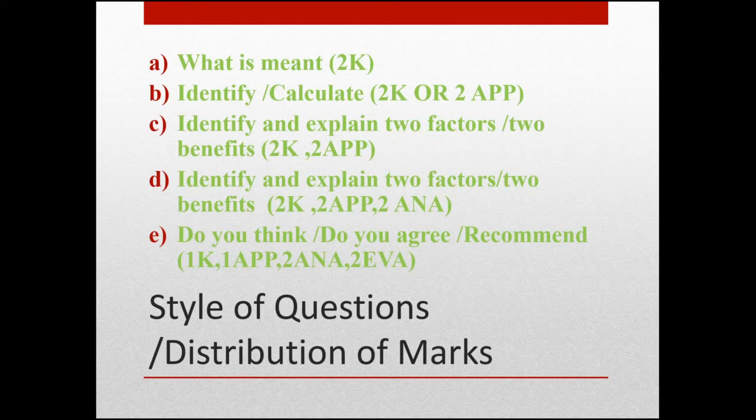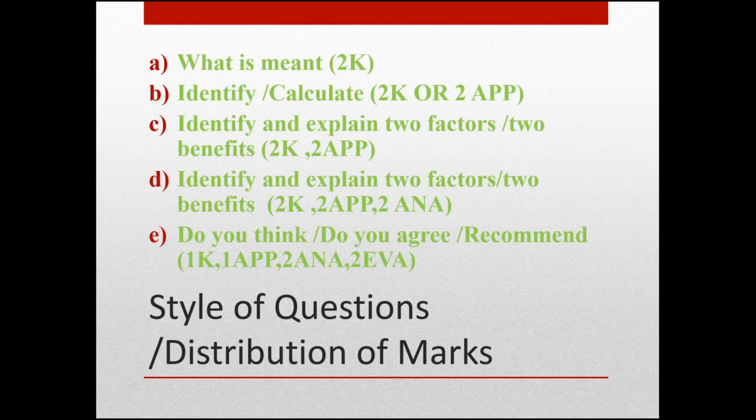In paper one, part A always will be this type of question. What is meant? That's why in this part of paper one, which is part A, they will test your knowledge. So when I say 2K, I mean 2 knowledge marks.